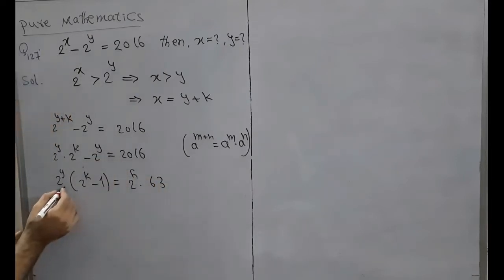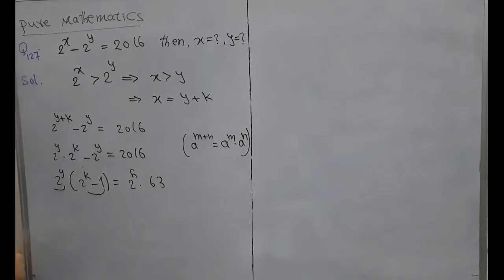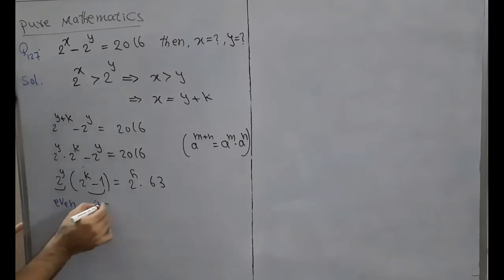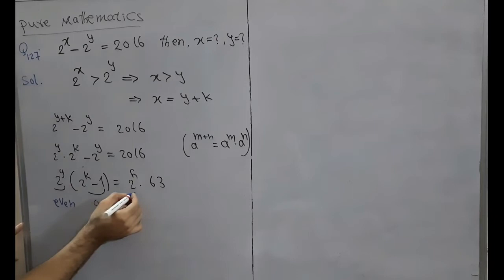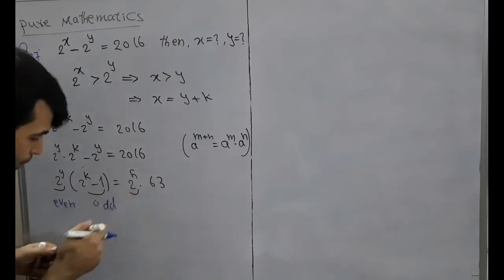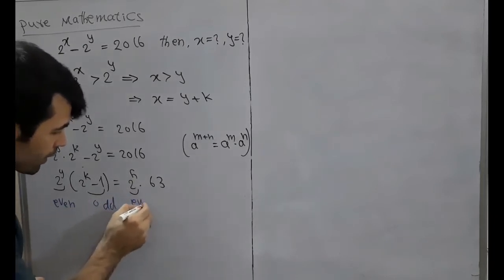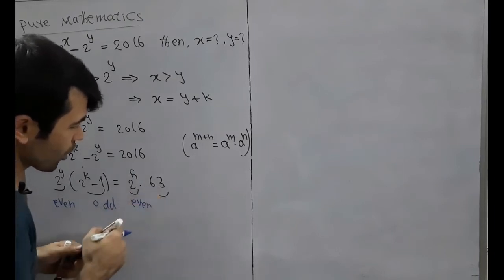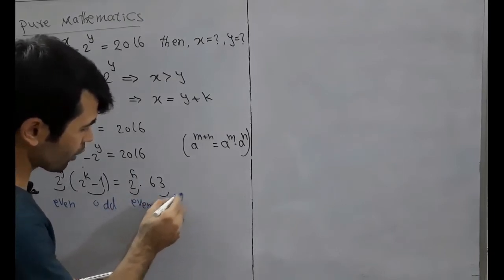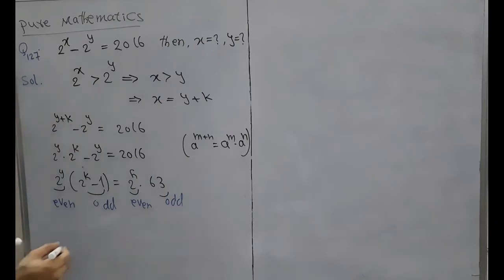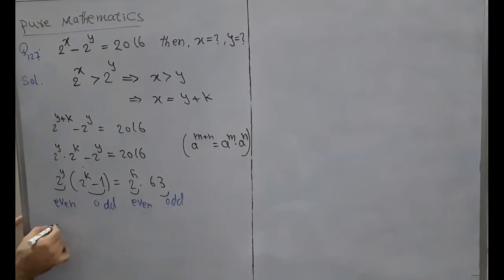Now we know that 2 to the power y is an even integer and 2 to the power k minus 1 is an odd integer. Also on the right side, 2 to the power 5 is even and 63 is odd integer. Therefore we compare both sides.